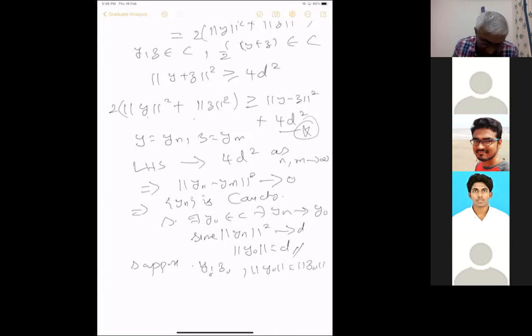That will say that this is d squared, that is d squared. So from star, norm y naught minus z naught equals 0. So it follows, it is unique. So it's unique for a convex set, and we are using convexity crucially. That's why it's true.